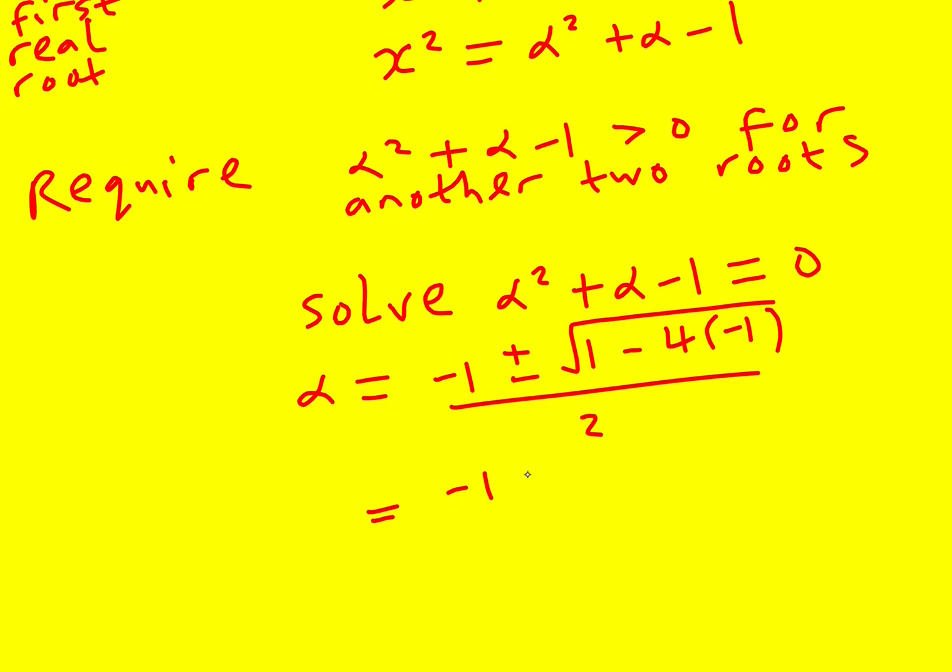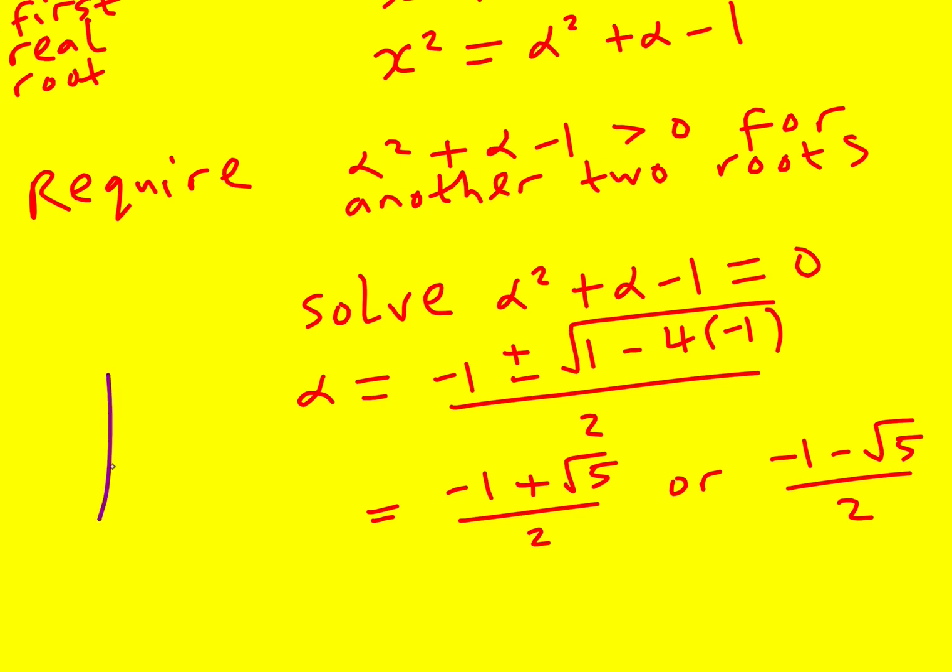So it's minus 1 plus root 5 over 2, or minus 1 minus root 5 over 2. So to solve that inequality here, we've just worked out the roots. This one's going to be negative.